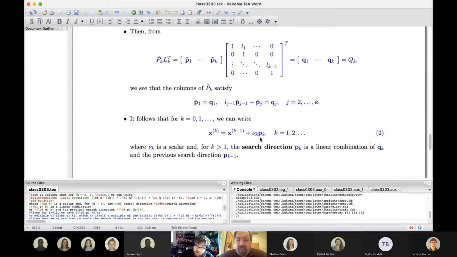Now, I want to emphasize, these P's are not exactly the same as the P tildes, but they are parallel to them. So each p_k is a multiple of a corresponding p_k tilde.